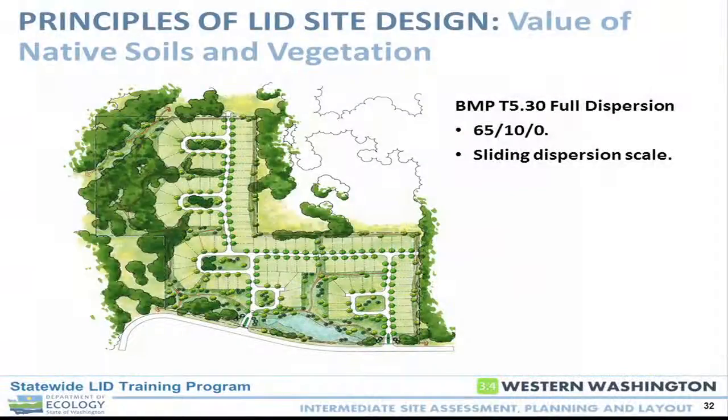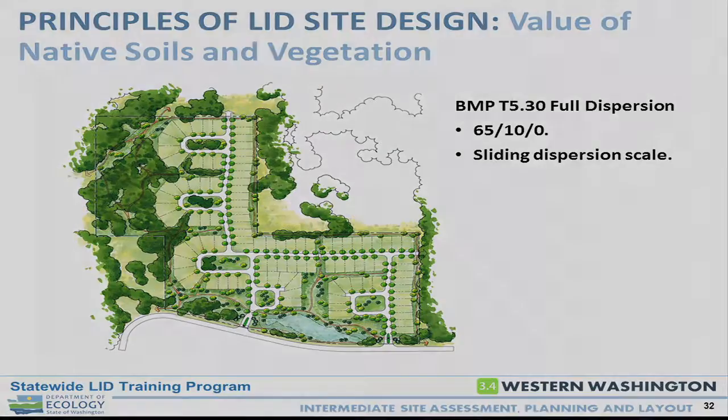And we came up with a sliding dispersion scale, and that scale says if you have 60 or 55% native soil and vegetation, and you reduce the impervious area coverage accordingly in the same ratio, you can realize that same benefit if you disperse that impervious surface to the native soils and vegetation. So there is this sliding dispersion scale.